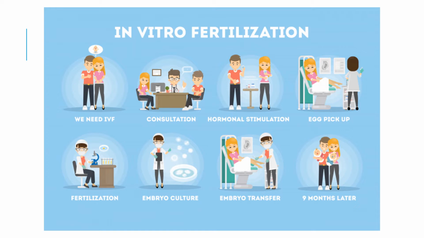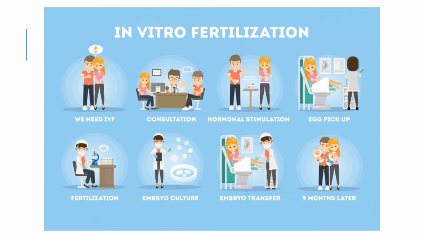She's given hormonal stimulation, hormonal treatment. I'll tell you in detail what all hormones are used, why we are using hormones, and what is the use of hormones. After the hormonal course, the eggs are picked up from the ovary of the female, not from the fallopian tube. The eggs are picked up from the ovary using a small operation.